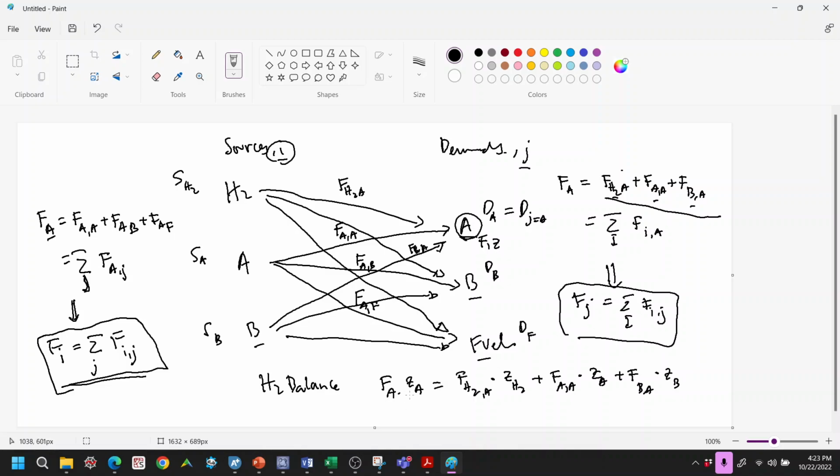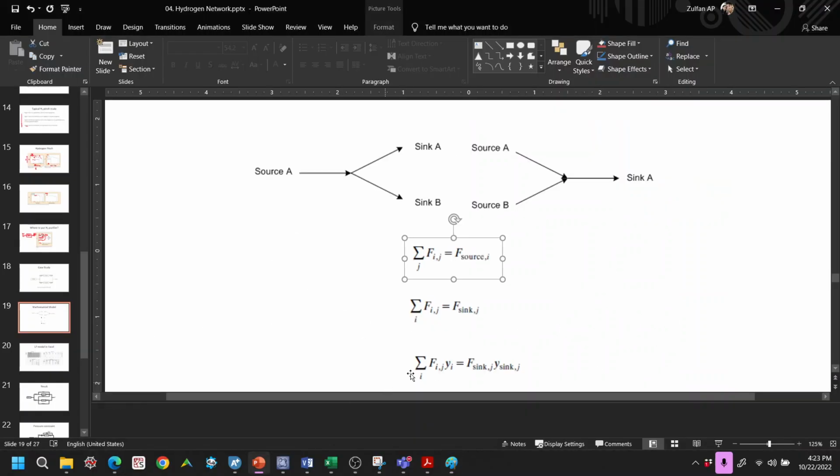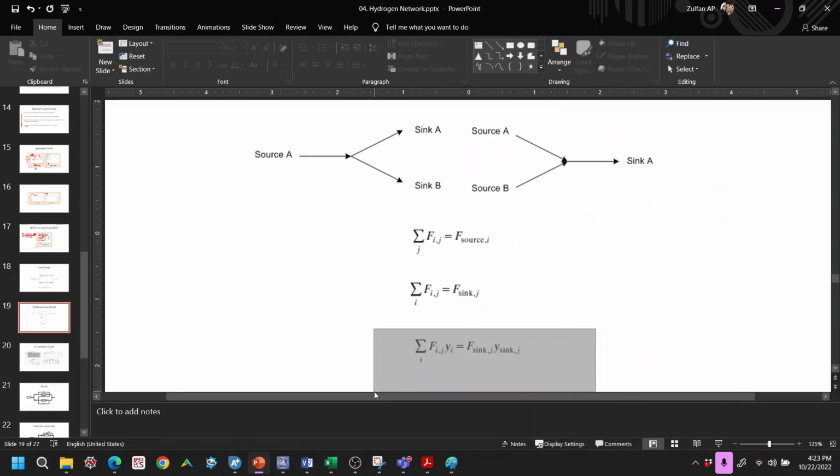So then you can say, this is J, right? Fj times Zj has to equal F sigma, this is then the I, and then the Zi, and then I. Okay, so this equation is basically this equation, right?